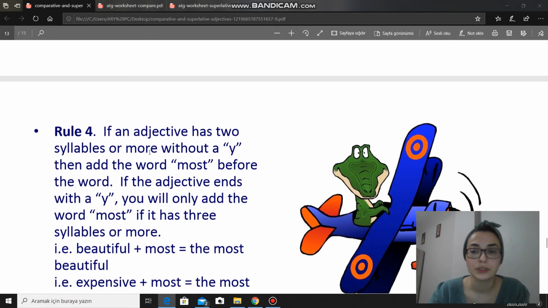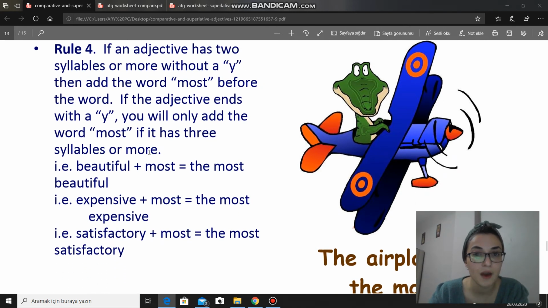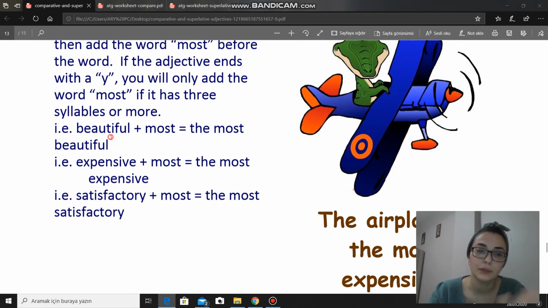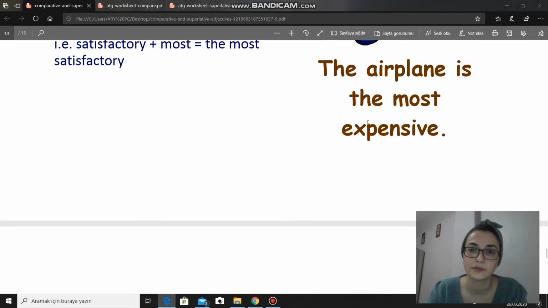The other rules are for one-syllable adjectives. This time we have more than 1 syllable. Like beautiful again. Beautiful, the most beautiful. Expensive, the most expensive. Satisfactory, the most satisfactory. The airplane is the most expensive.